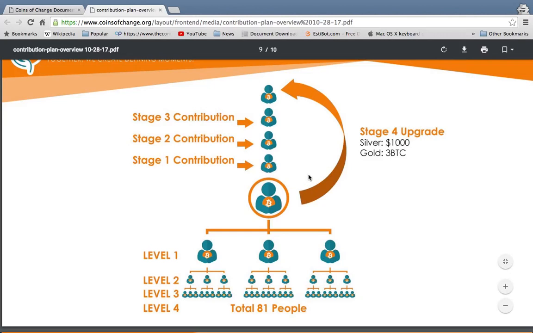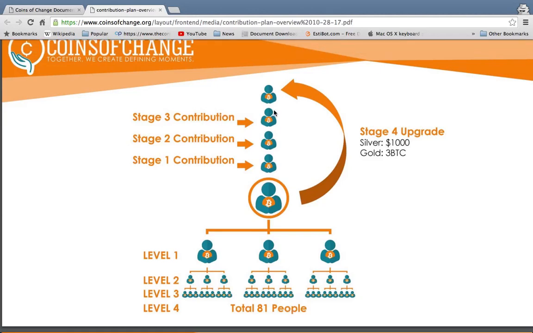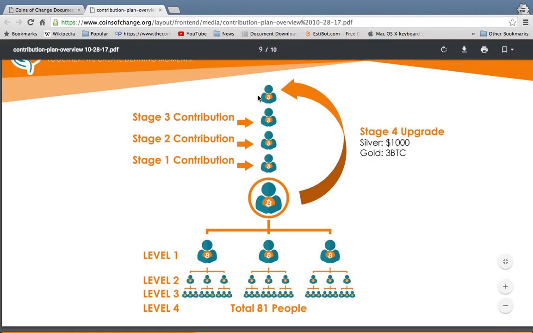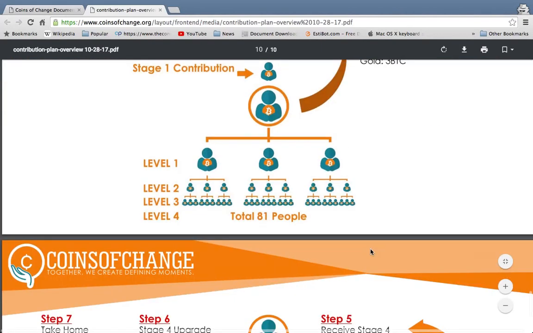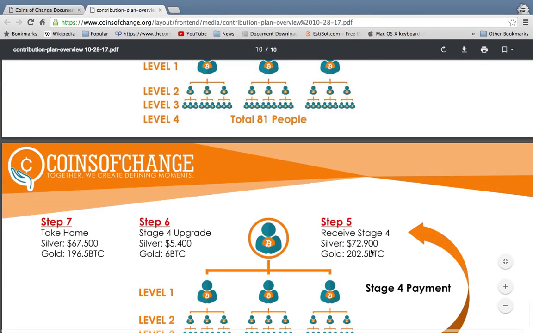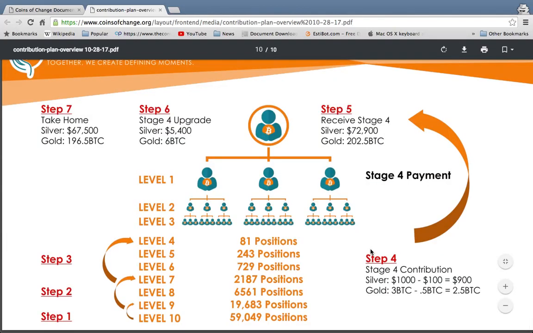You're making one contribution of $1,000 or 3 Bitcoin, but you're receiving those same contributions from 81 people behind you as they upgrade. Are you getting it? It's a mirrored system. What's happening in front of you is also happening behind you, compounded. Okay, so let's look at this a little further.